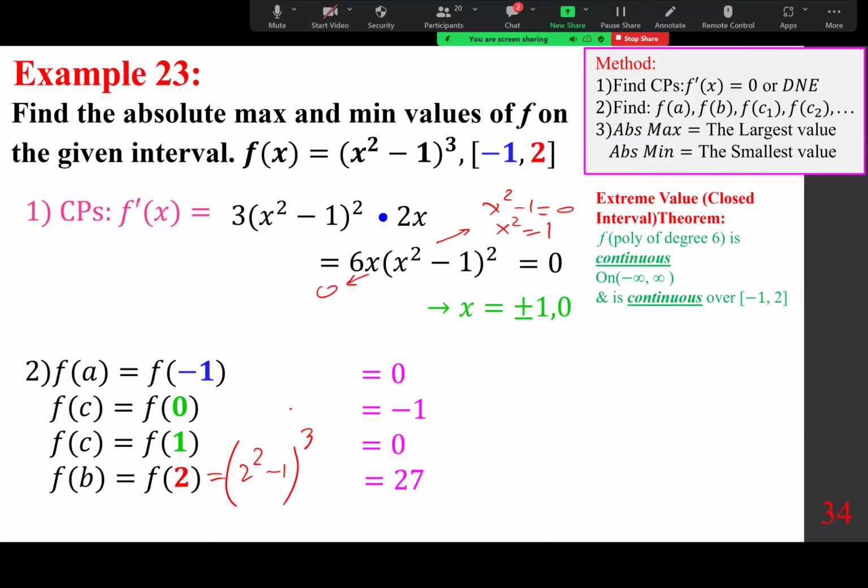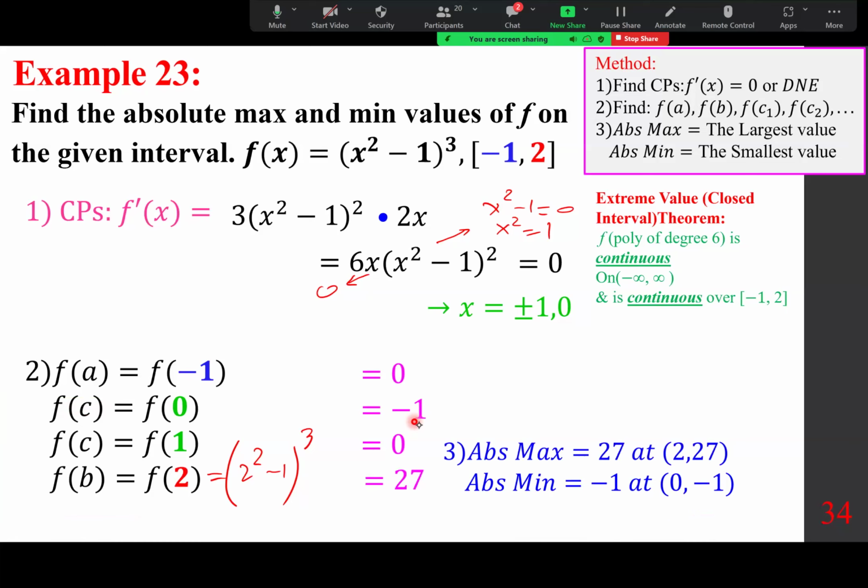Now, the largest number is the absolute max, which is 27, and the smallest value is the absolute min, which is negative 1. The writing: absolute max equals 27 at the pair 2, 27, and absolute min is equal to negative 1 at the pair 0, negative 1.